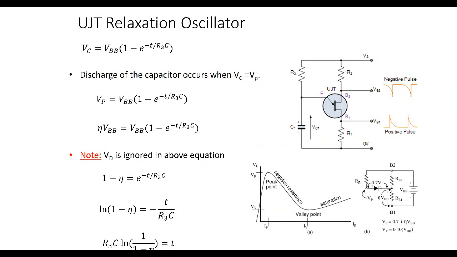how would you determine this peak resistance? So that max resistance is occurring at IP right here, I say IP and VP.